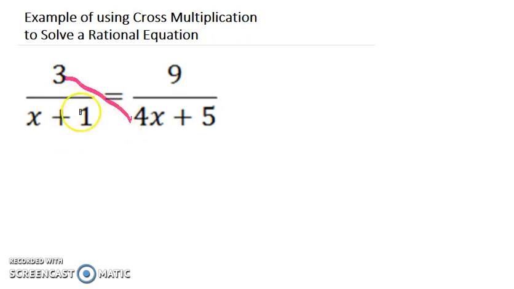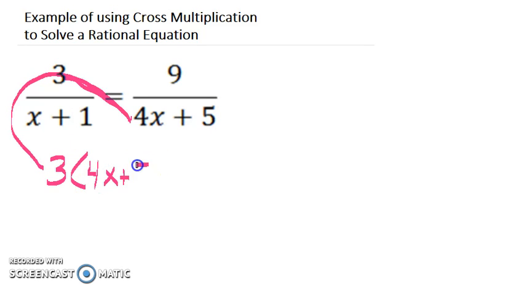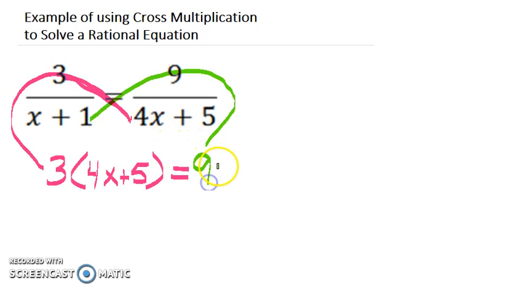So when we do that, this 3 needs to be multiplied by 4x plus 5 and equals, now the other side would be the denominator of the first fraction multiplied by the numerator of the second fraction. So here we would have 9 times x plus 1.